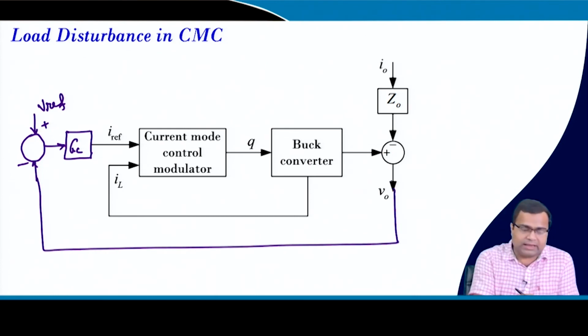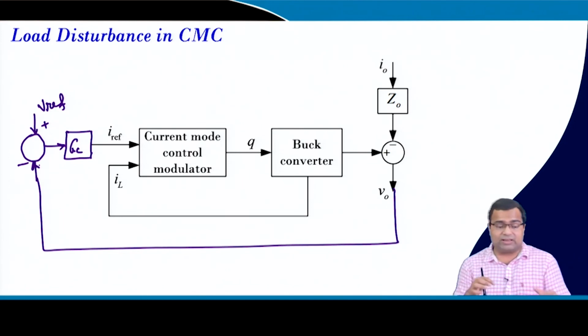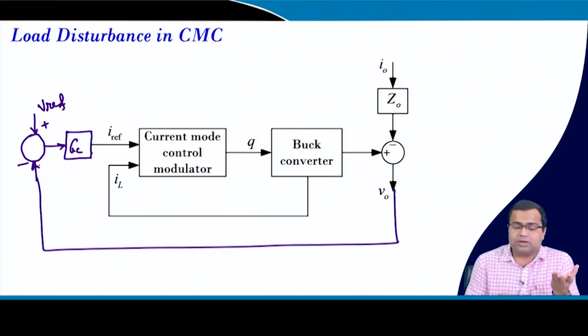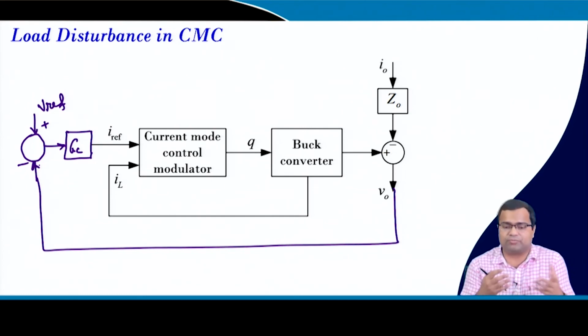This is important too, because we want to see load disturbance. If we do not close the outer loop, what will happen? We need to change the reference current, otherwise the voltage will not be regulated.